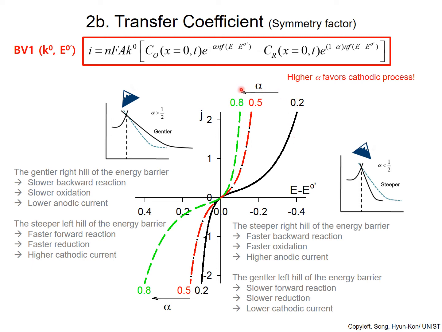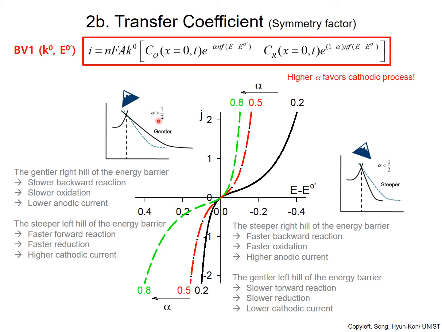Let's go to the other value of alpha, which is 0.8. For this case, in other words, when alpha is larger than 0.5, we would obtain the gentler right hill of the energy barrier, and relatively the steeper left hill of the energy barrier. The gentler right hill indicates slower backward reaction from the right to the left.